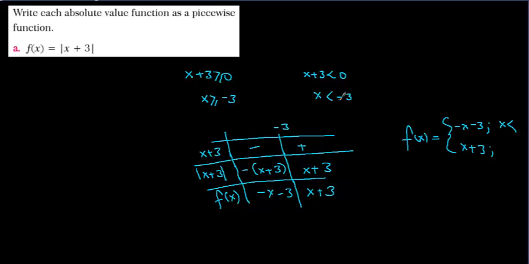So this should be less than minus 3. And this should be greater than or equal to minus 3, because when the values are greater than minus 3, x plus 3 is positive, so the positive side is this side. So this form is the piecewise form of the absolute value function.